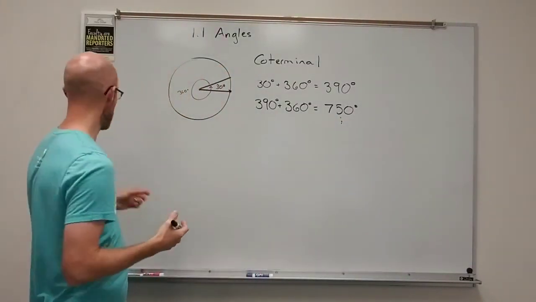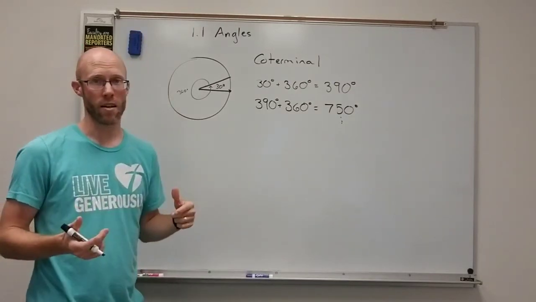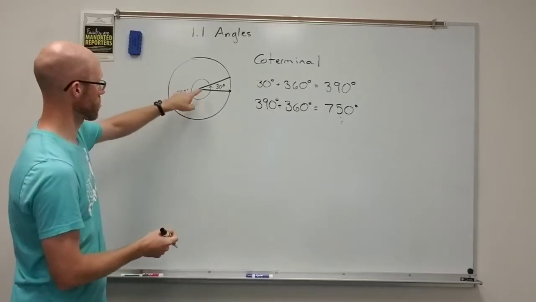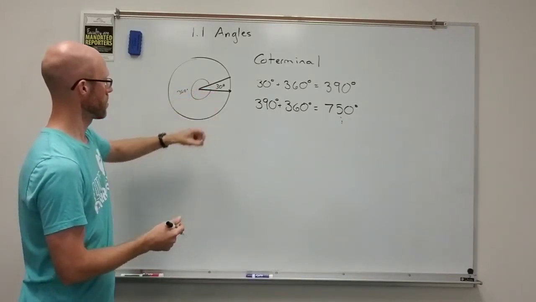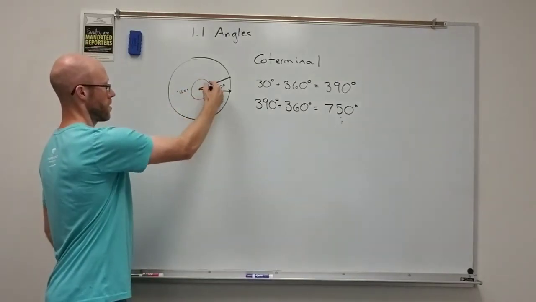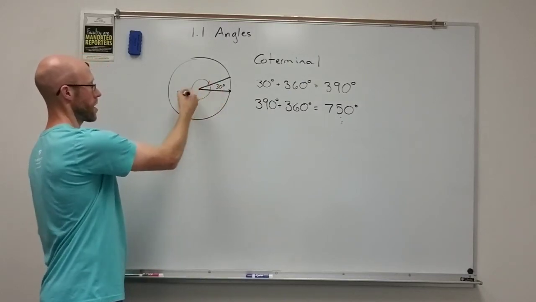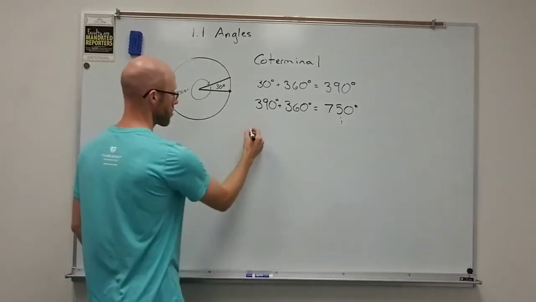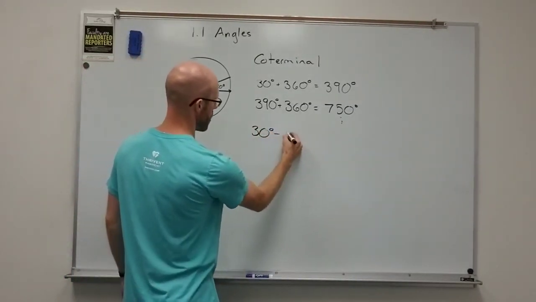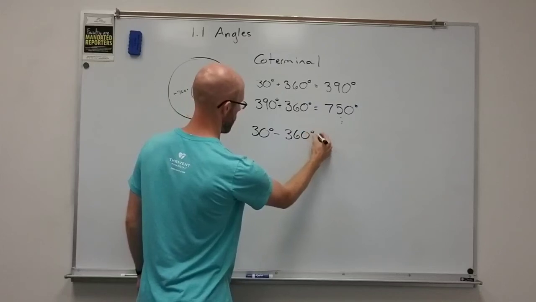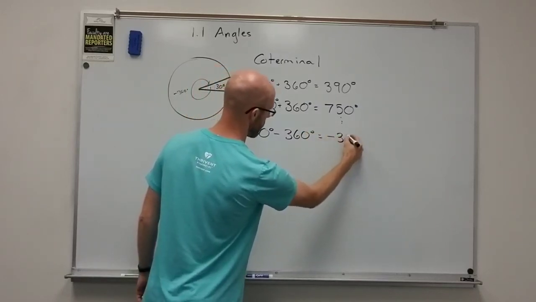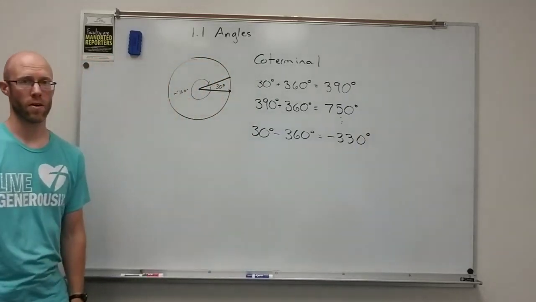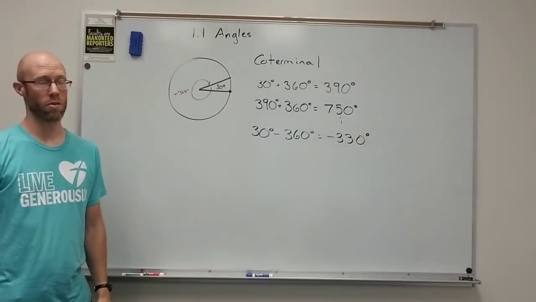Now you can also go backward. You could subtract 360. And so instead of adding, you go around the other way, clockwise, and subtract 360 degrees. If you start with 30, subtract 360, you would get negative 330 degrees. So that's also coterminal with 30 degrees.